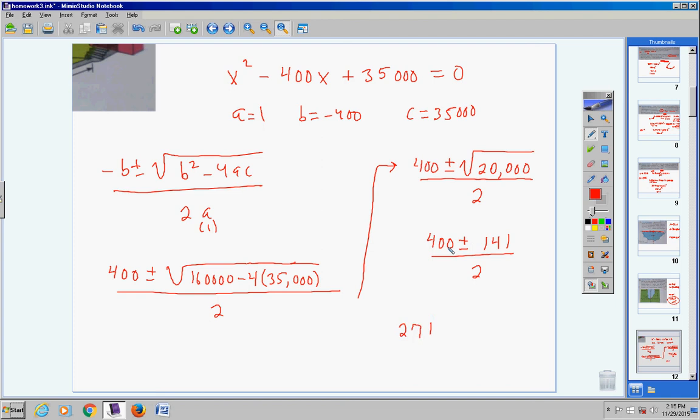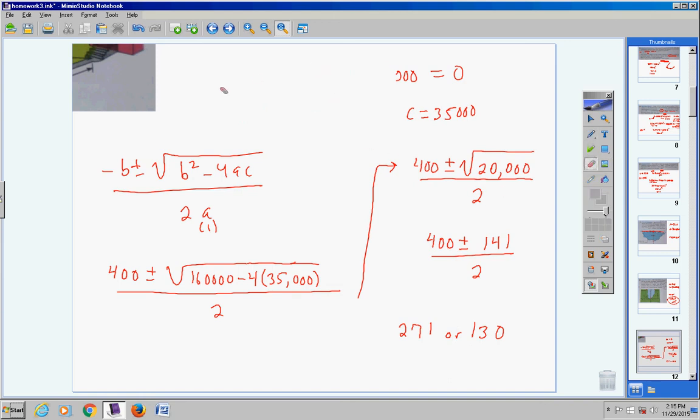Now, take 400 minus 141, which is 259, divided by 2, would be 129.5 or 130. So we're getting two answers for x. That's okay. They're both positive, so we could use either one of those two.